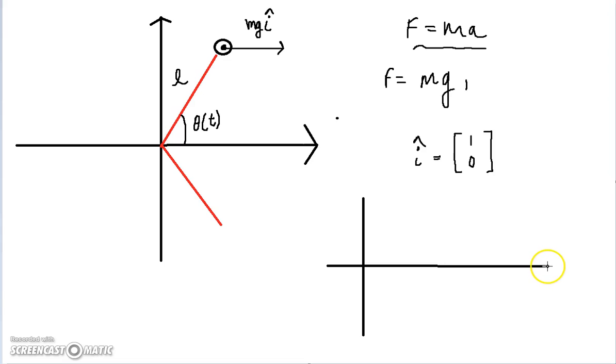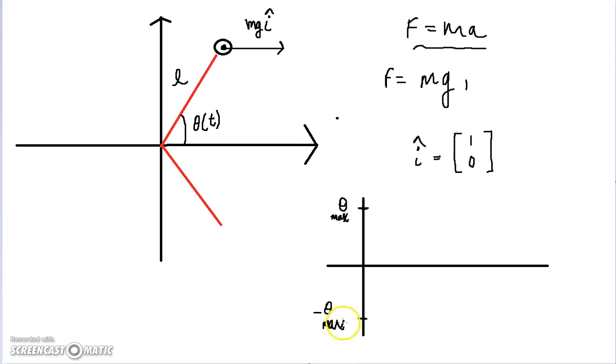At t equals 0, we want it to give us some constant value, which is the max angle the pendulum can make with what's called a vertical. The vertical in this case is just the x-axis. So maybe that max angle is here, theta max. And at some time t, we want the pendulum to swing towards this side, to negative theta max.